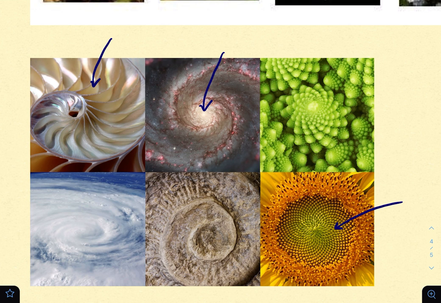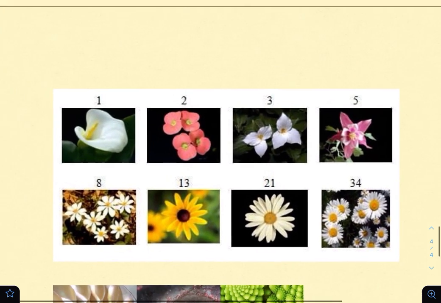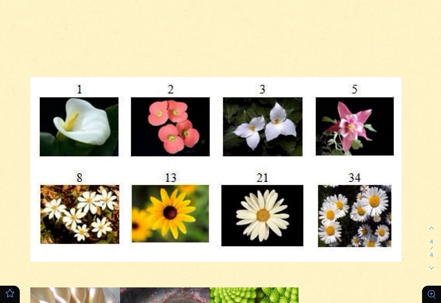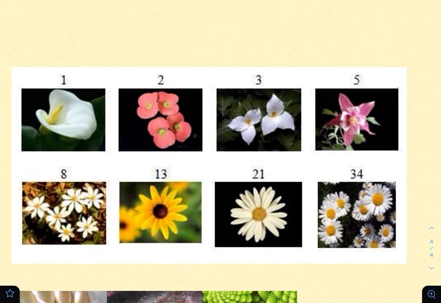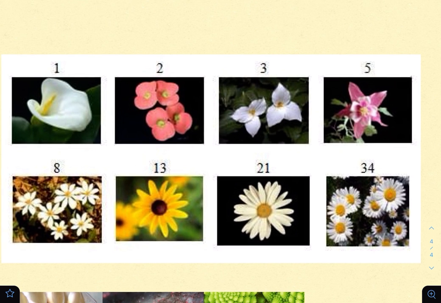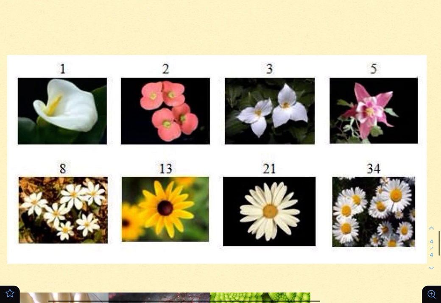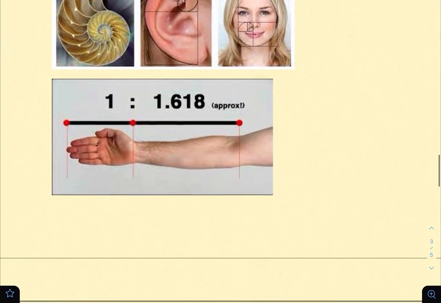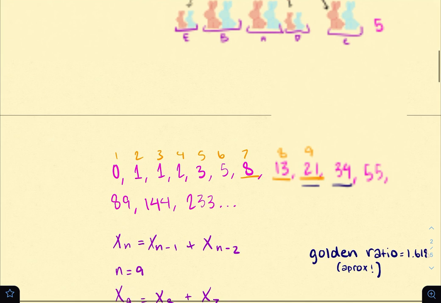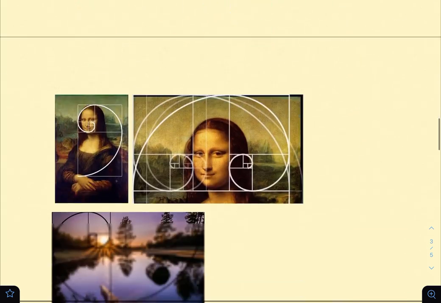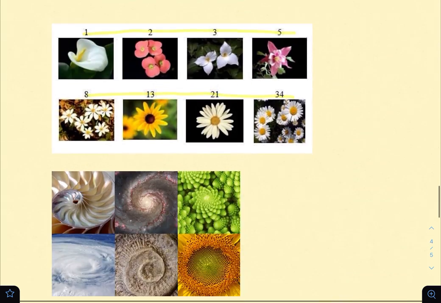There's so many different examples of spirals in nature. If you count the number of petals on flowers, you see that those numbers are all Fibonacci numbers. 1, 2, 3, 5, 8, 13, 21, 34, those are all Fibonacci numbers. Now that's super cool. It's like it's nature's code.